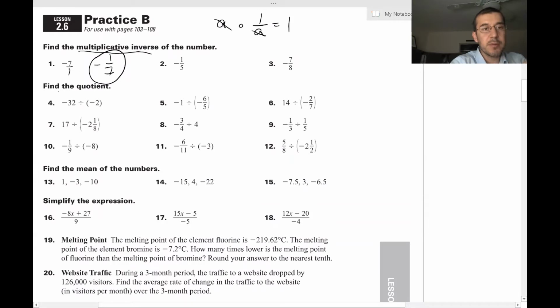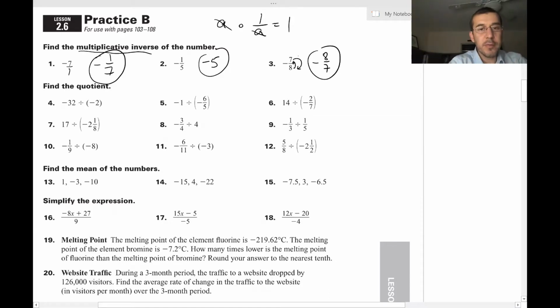That's the multiplicative inverse of -7. The multiplicative inverse of -1 over 5 is -5, or -5 over 1, right? The multiplicative inverse of -7 over 8 is -8 over 7, right? They switch places, numerator and denominator.